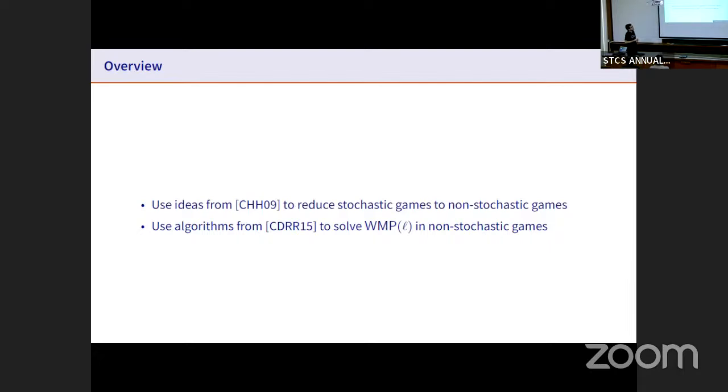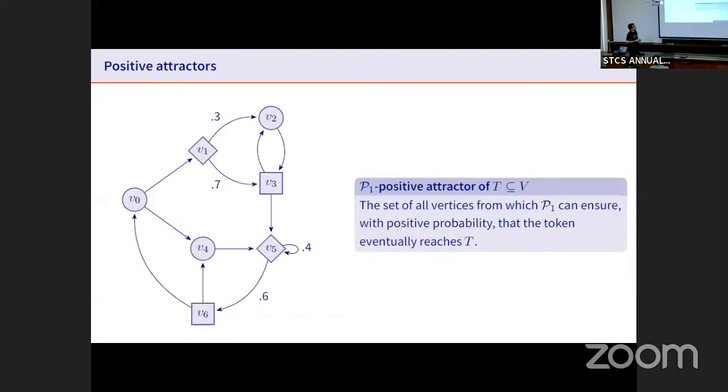In this 2015 paper, we saw how to solve this objective for non-stochastic games. So we'll combine these two ideas to solve stochastic games with window mean-payoff objectives. I'll come to that, but first we'll need to know what a positive attractor is.